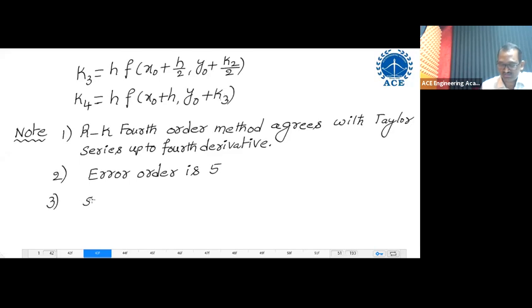Already we discussed, the interval length should always be small.